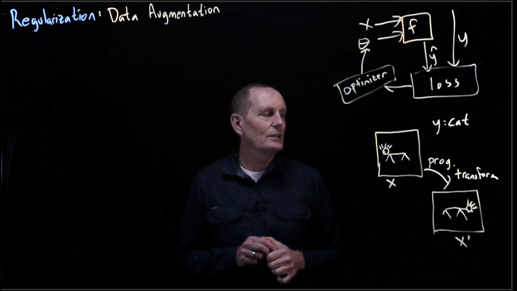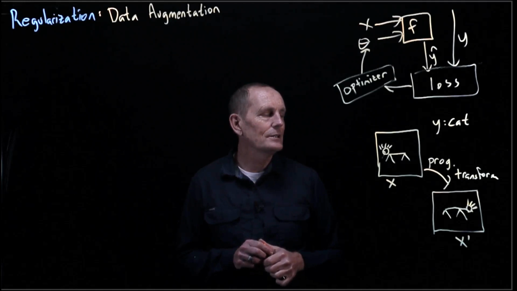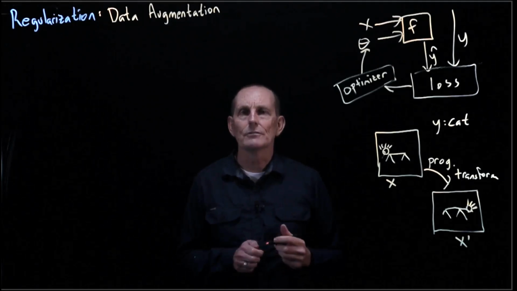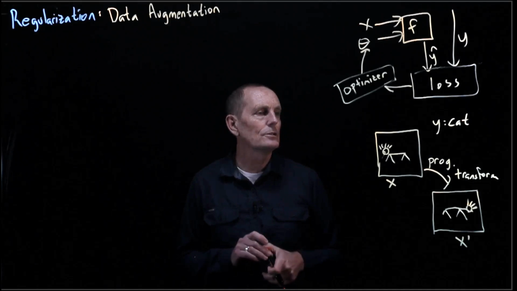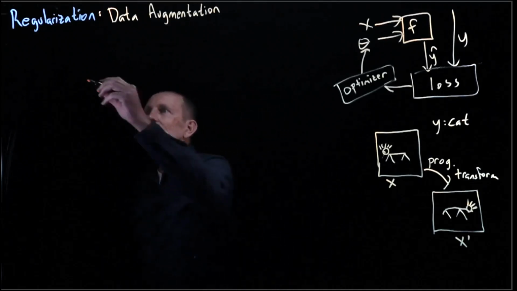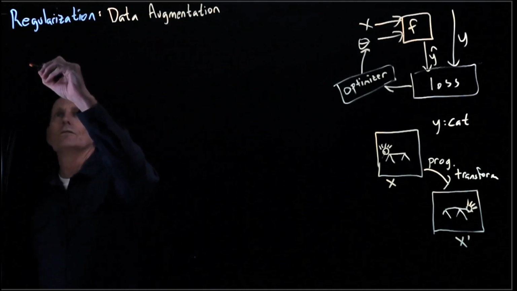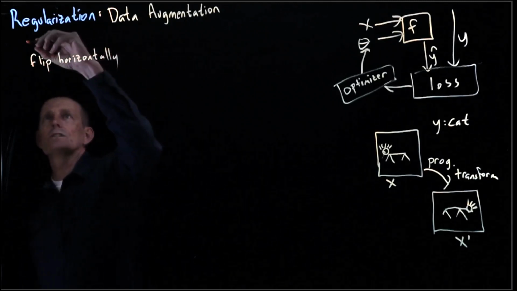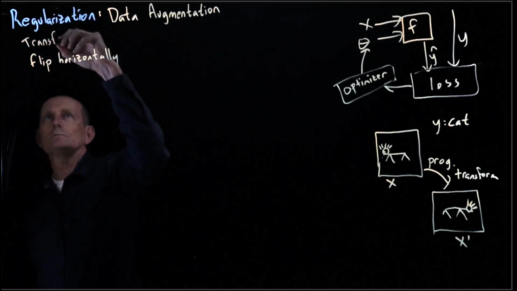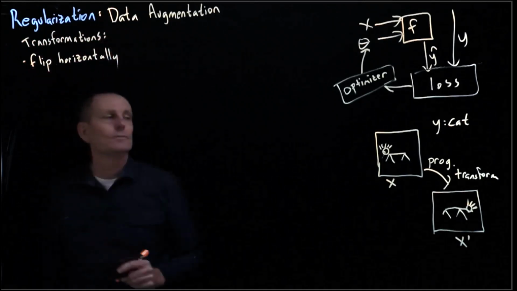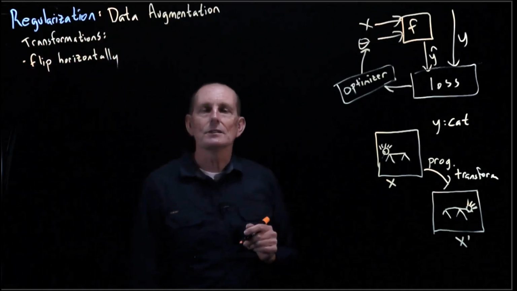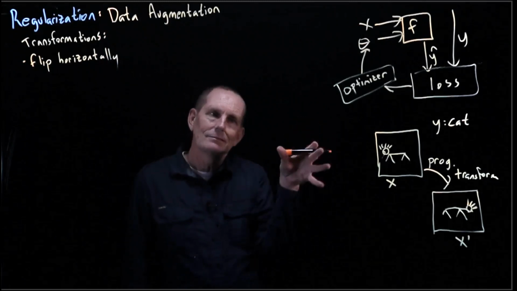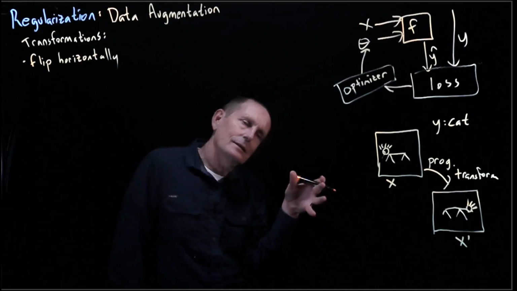Well, gee, if we can do this, why can't we do other sorts of transformations? So we can flip horizontally. So these are different types of transformations. That's one. What about rotating 90 degrees? Do we see cats, I don't know, like this?